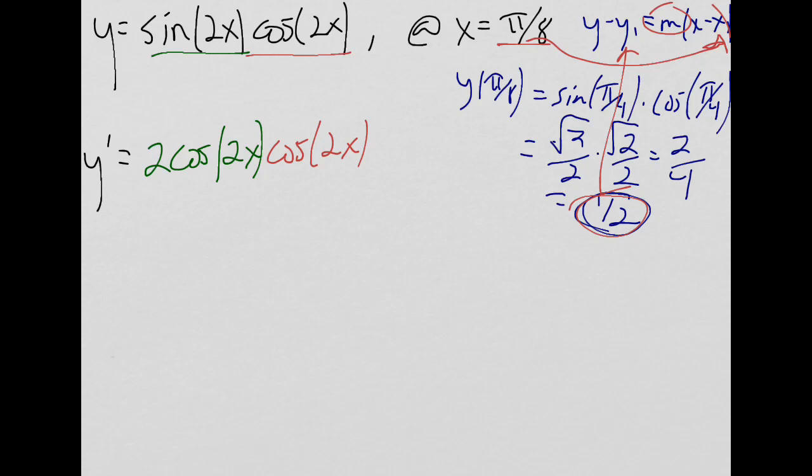Now I need to do plus the derivative of the second, which is this thing, times the first. So I need to derive this and multiply it by that. So kind of same structure. I do the derivative of the innards. It's got a 2x. Derivative of 2x is 2.